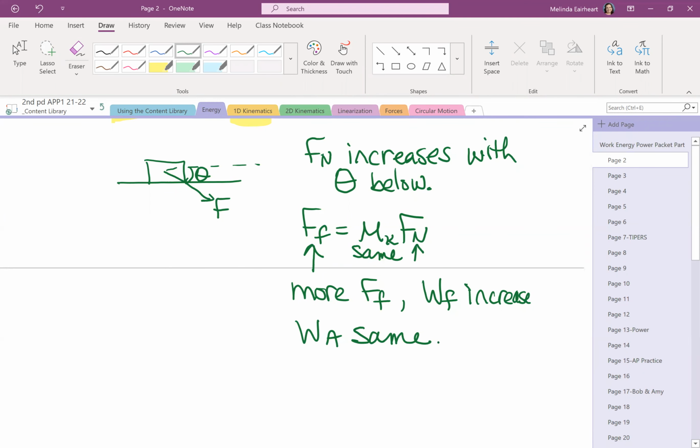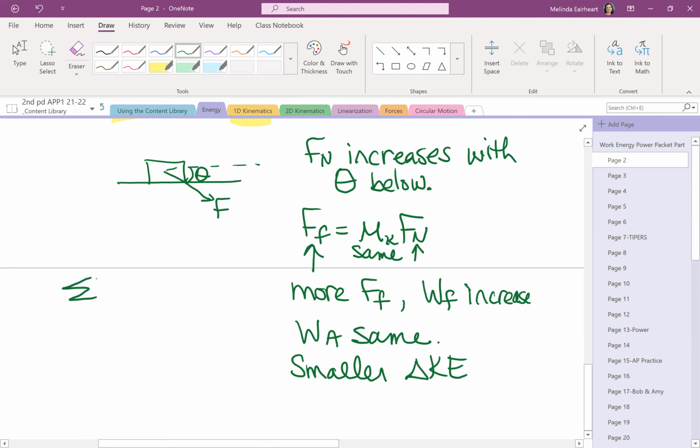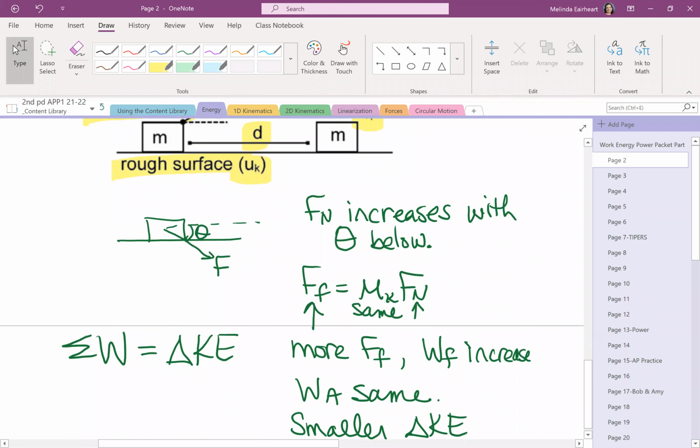More friction means you have a smaller change in kinetic, because again, that net work on the object would equal a change in kinetic energy. Net work here, who's doing work? Let's do that. Who's doing work on this object? Either way, you get the same answer.